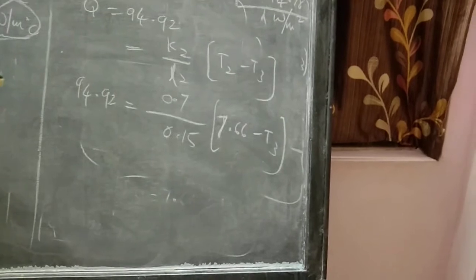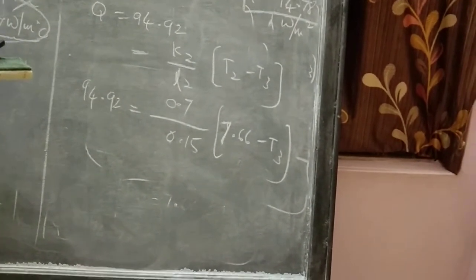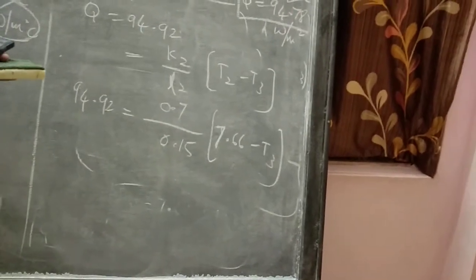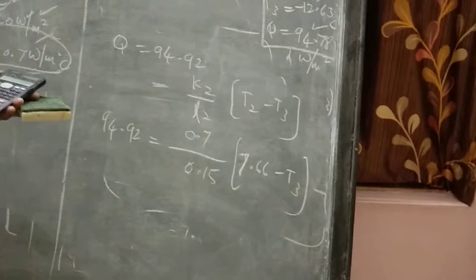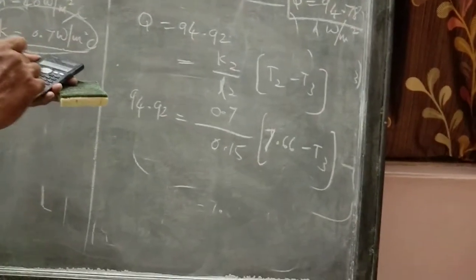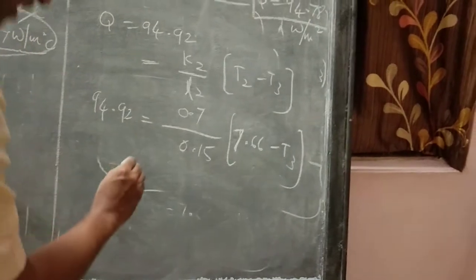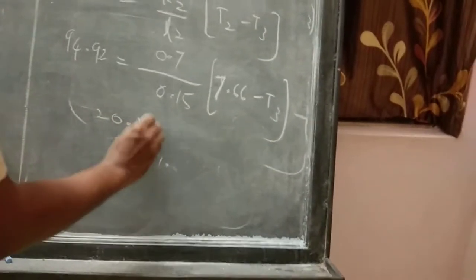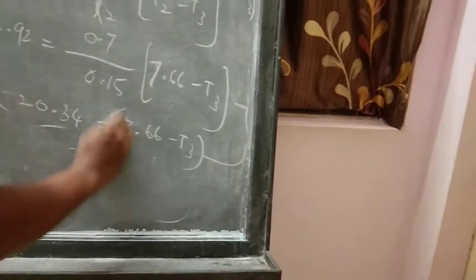Now if we calculate 94.92 into 0.15 divided by 0.7, we got 20.34. 20.34 is equal to 7.66 minus T3.